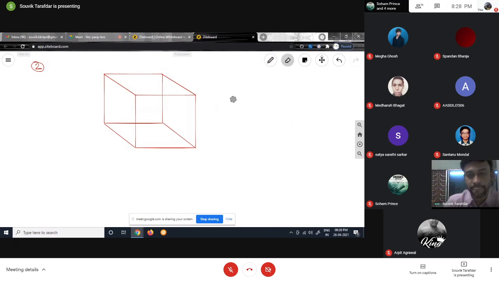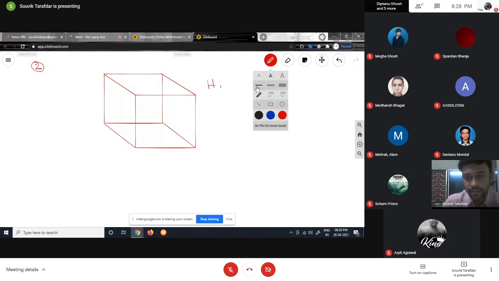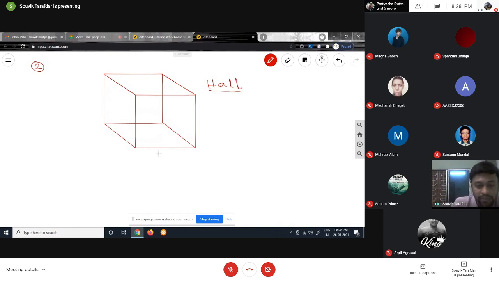The dimensions are: 10 meter length, 10 meter breadth, and 10 meter height. So 10 meter is the length, 10 meter is the breadth, and 10 meter is the height.